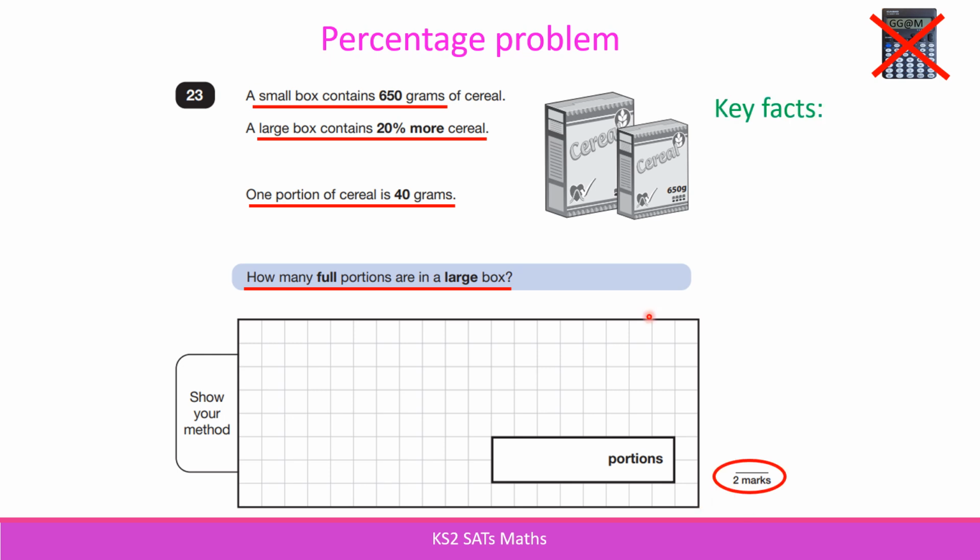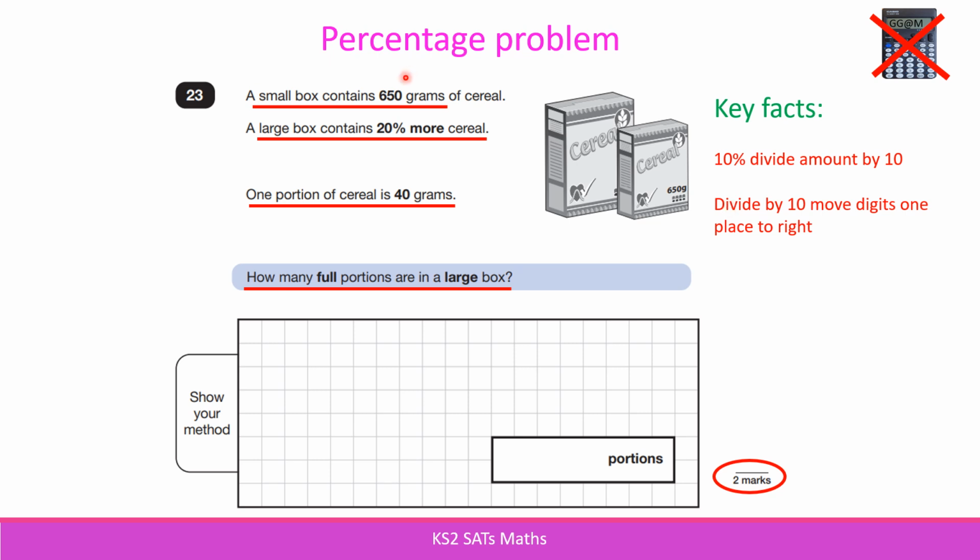So our key facts. We need to know how to find 10%. The reason we need to find 10% is ultimately because we've been asked to find 20% to work out the size of this big box here. So to start with, we always find 10%. We divide the amount that has been given, 650 grams, by 10. To divide by 10, we just move the digits one place to the right.